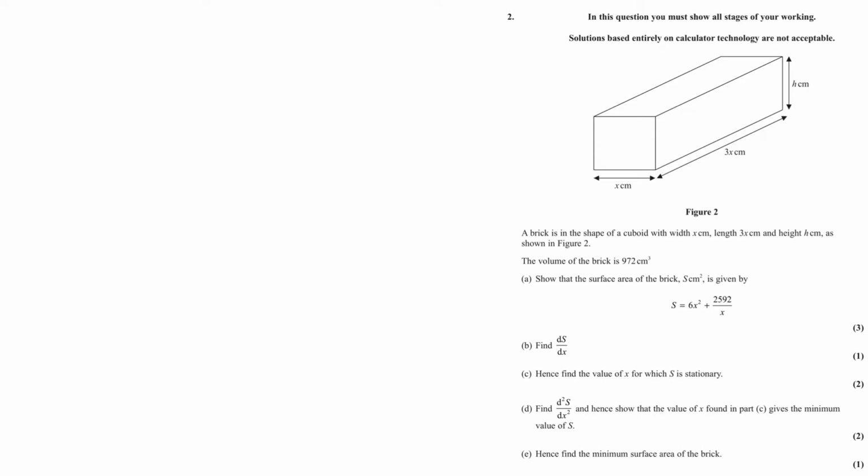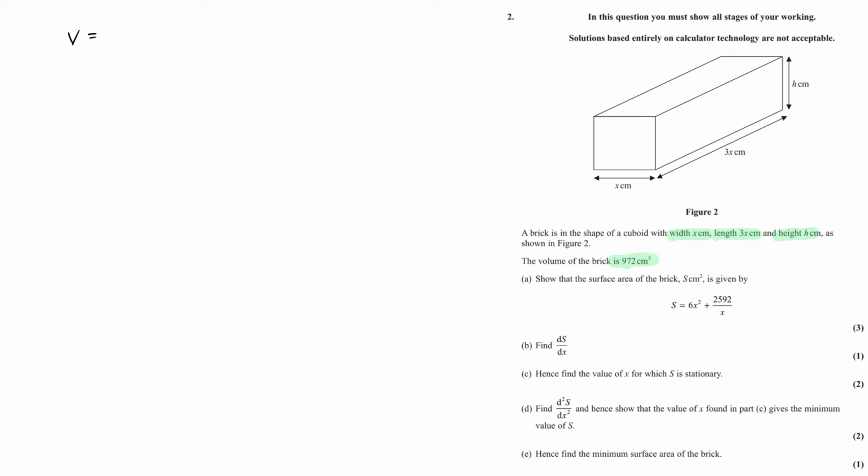Okay, question 2. Looks like could be a bit of differentiation and stuff here. So what have we got? Width is x, length is 3x, and the height is h, and the volume is there, 972. So let's start with the volume.